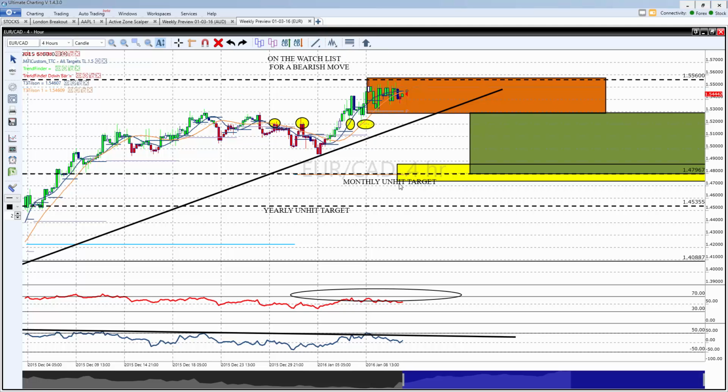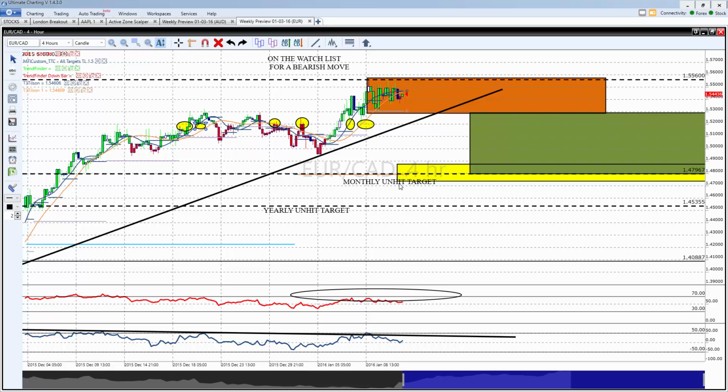Annoying. Right here. Right here. Oh, there's one more down there. I mean, you get the point, right? There are a lot of points here that touch that area and either couldn't penetrate for a while, or penetrated, retested, and didn't break down. Anyway, that's the way I see it.